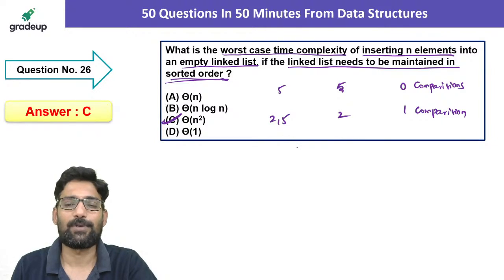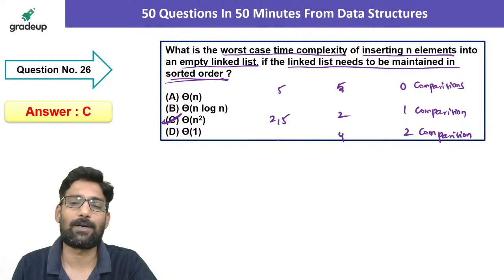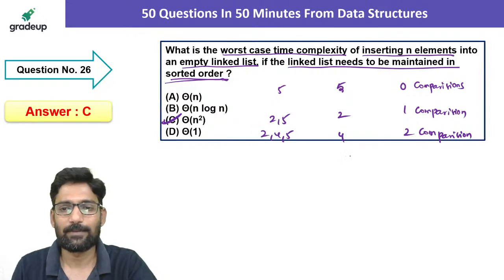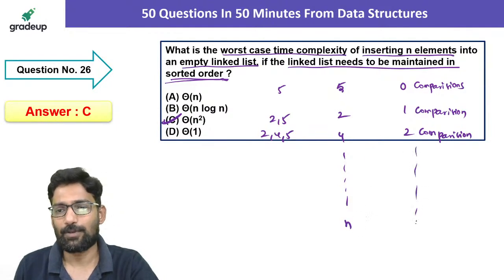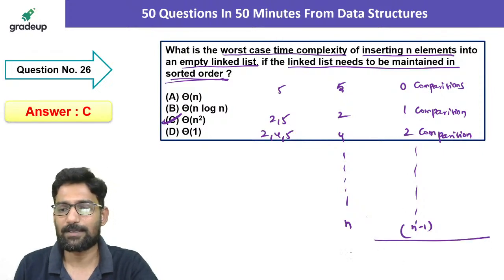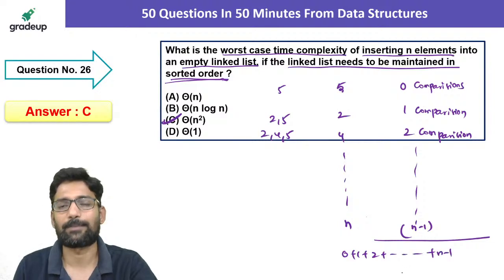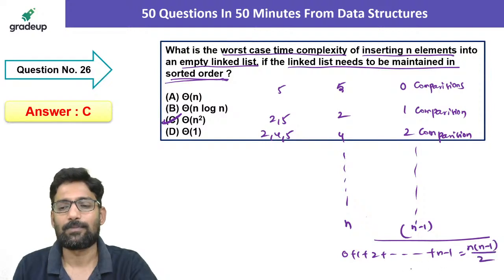Now suppose you are inserting 4. Again you do 2 comparisons and arrange them in order. So 2, 4, 5. Like this, you are inserting n elements, so you will be doing n minus 1 comparisons. Total comparisons means 0 plus 1 plus 2 and so on up to n minus 1. This is n into n minus 1 by 2. So this is n square comparisons.